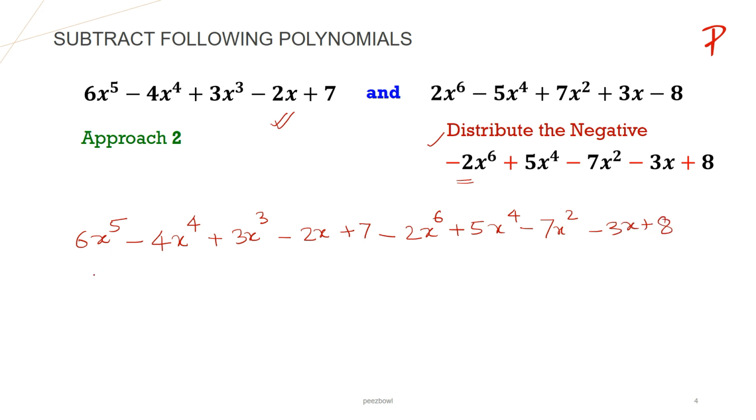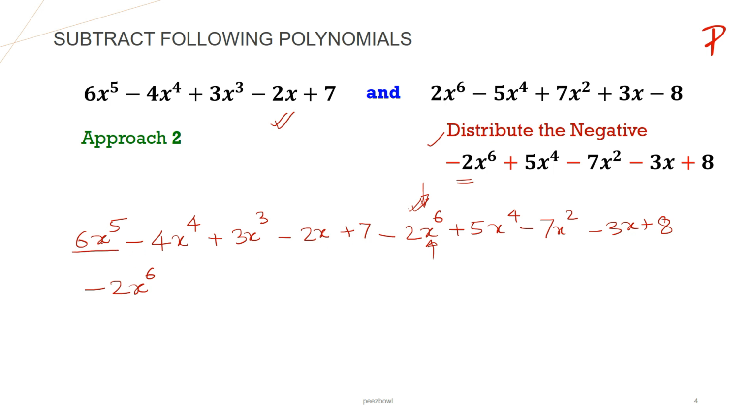Now we have to arrange terms in descending order of degree, which means that the highest degree of x or highest power of x will come first, and gradually lower powers of x will follow. So here minus 2x to the power 6 has the highest power of x, that is 6. I will write it first, minus 2x to the power 6. After that we have 6x to the power 5.